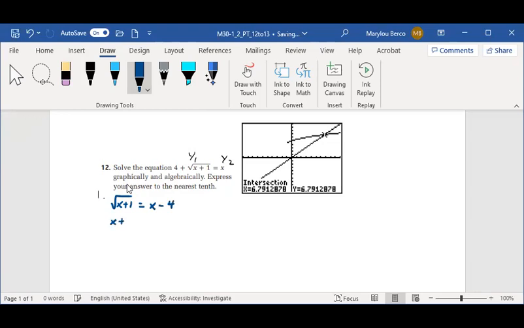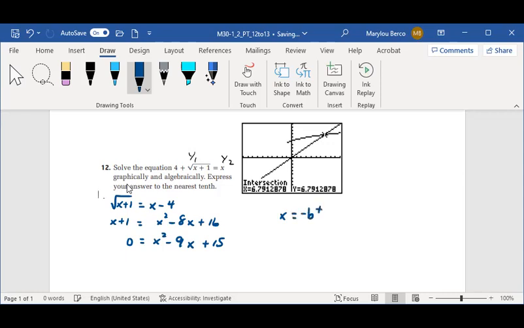Squaring both sides, we get x squared minus 8x plus 16. Setting that equal to 0 to solve the quadratic, we get x squared minus 9x plus 15. Now we can't factor this through inspection, so we have to use the quadratic formula.